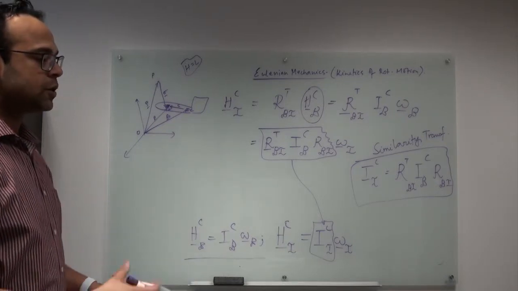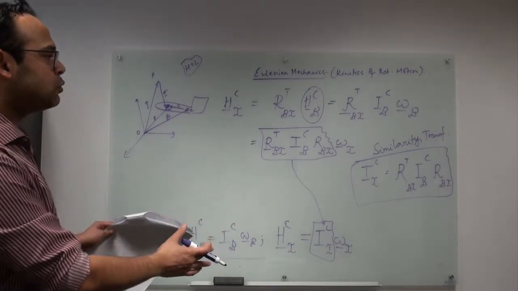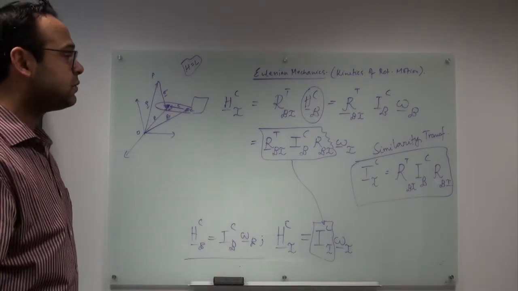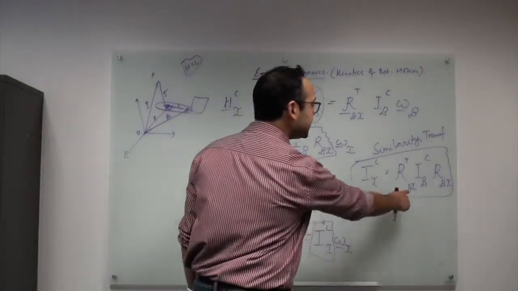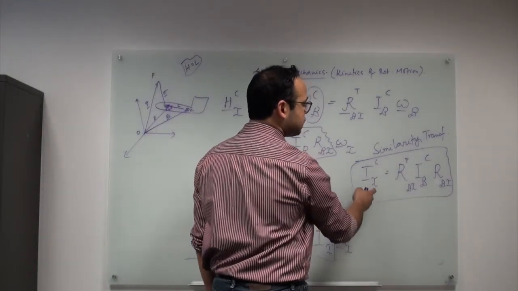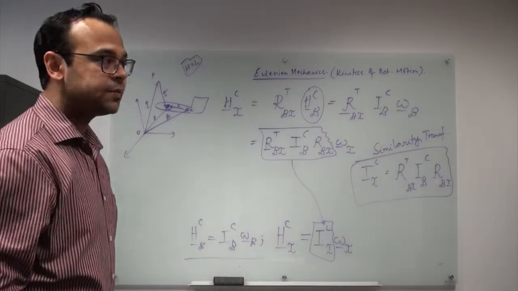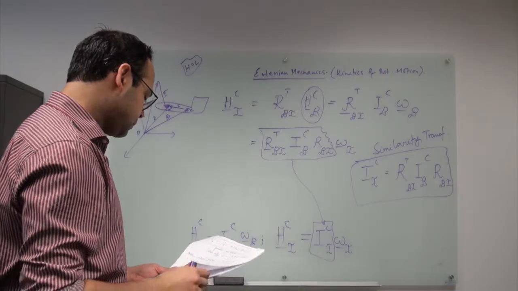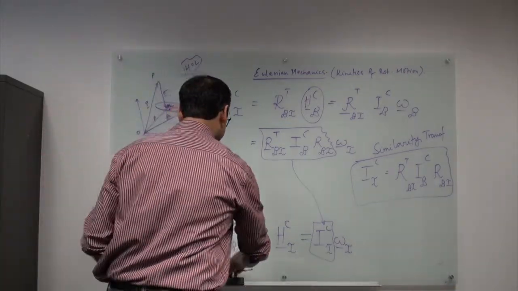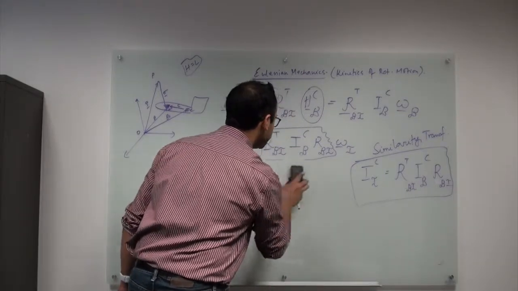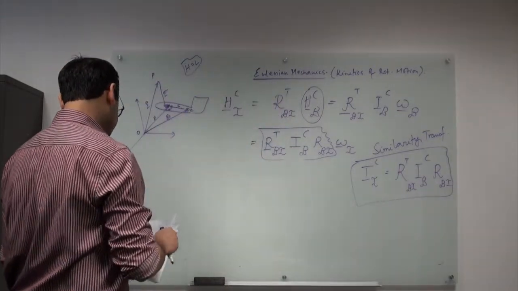We talk about vector transformations, but how do matrices transform from one coordinate frame to another? We are seeing a glimpse of that when you go from B to I. A matrix that was originally computed in the B frame would transform to the I frame through that so-called similarity transformation.